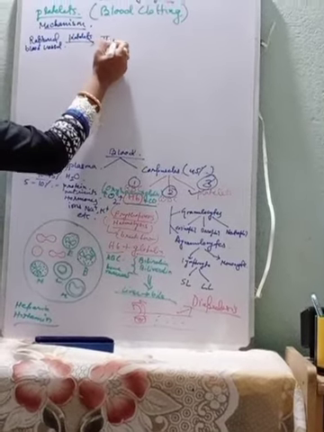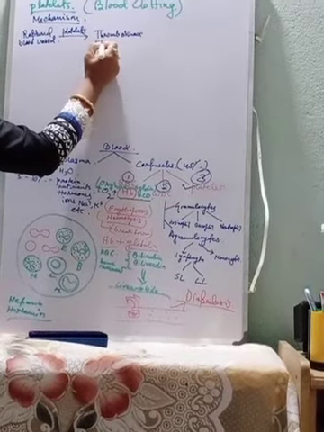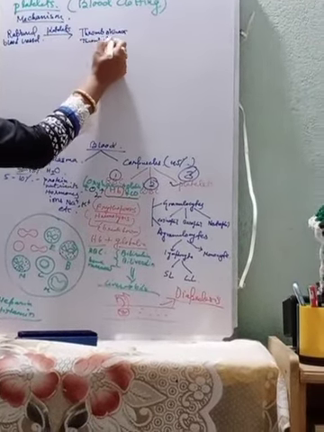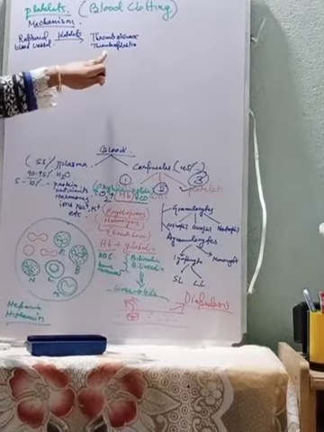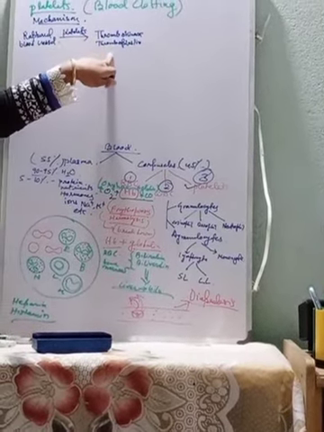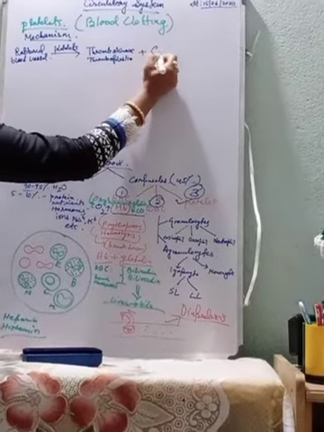What is thrombokinase, or you can say thromboplastin. Clear? This thromboplastin will take the help of some factors. One of such factors is the calcium ion.